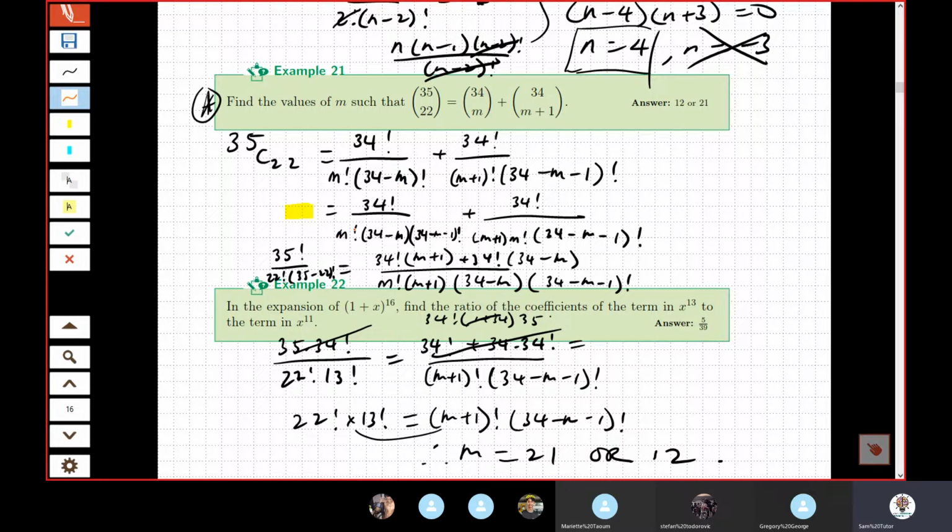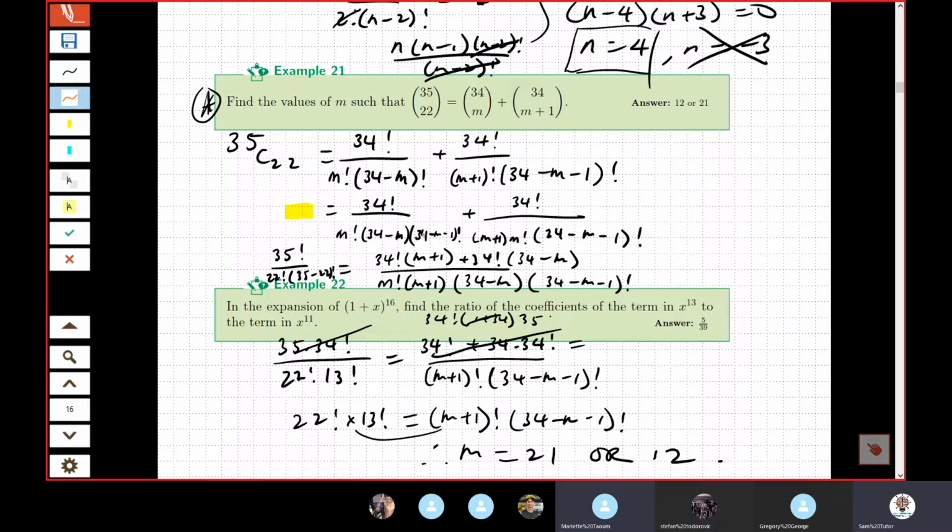So I've got m factorial and then 34 take away m and then 34 take away m take away 1 factorial. So I took away 1 from it because that's what you're allowed to do, right? You take away 1 from the previous one. Is that right? Yeah, I just couldn't read your writing.